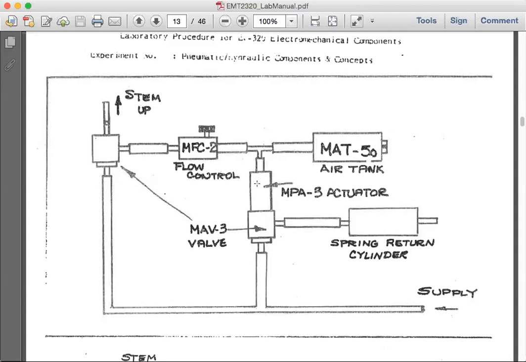So the actuator is activated, pushes down the stem. Pressure right now enters through the bottom of this three-way valve, enters through the hose, pushes the piston out of the cylinder. Okay, so in this stage, what is happening?